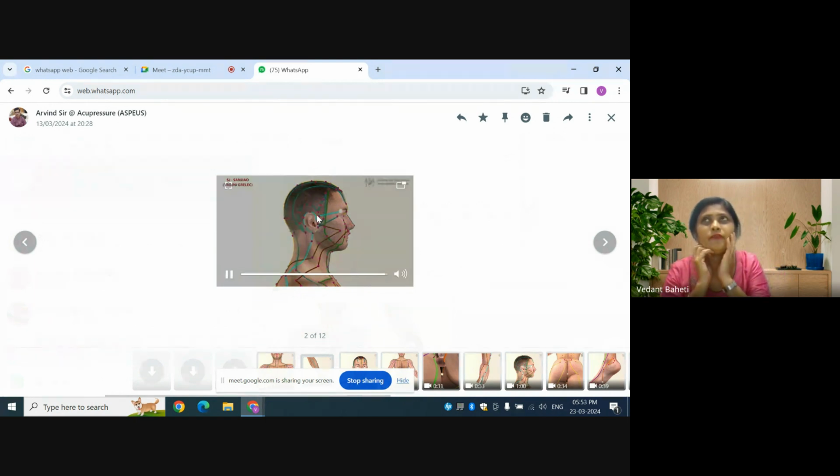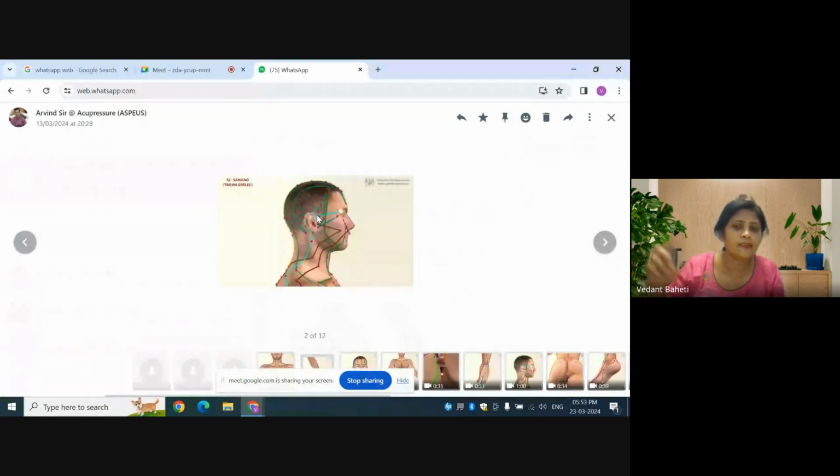So as we have taught you in the one point and the root and fruit also, if we have any problem in our ear, like some insect enters, we can treat the SI meridian.